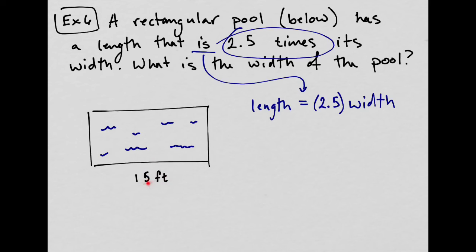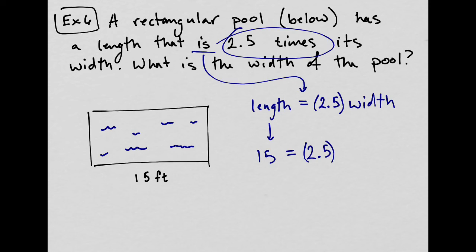So I'm going to say, all right, this is 15 feet, and it's going to equal 2.5 times, and I don't know the width. It's asking for the width. What is the width? So whatever it's asking for, whatever I don't know, I'm going to say that is going to be x.